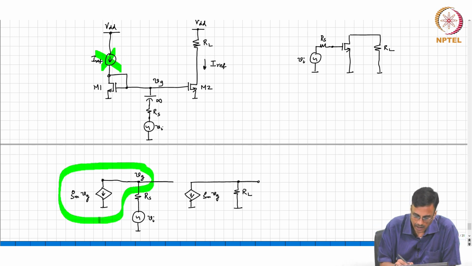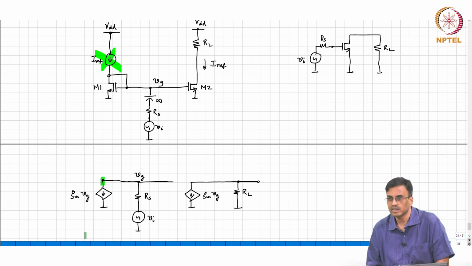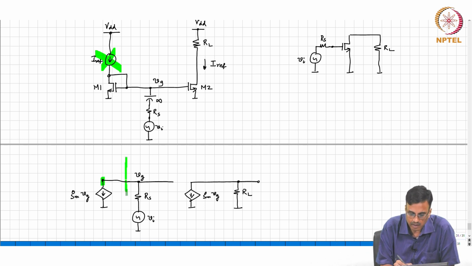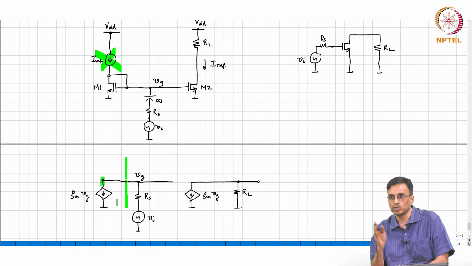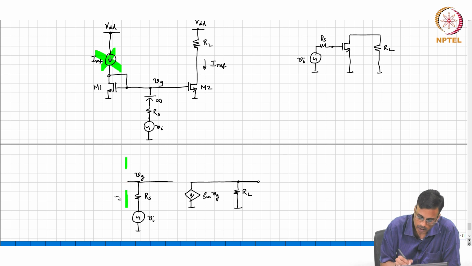So, the voltage across this current source is Vg and the current being drawn is Gm times Vg. So, as far as that node is concerned, to the left of that green line, it's indistinguishable from a resistance of value 1 over Gm. Okay. So, all right, 1 over Gm.